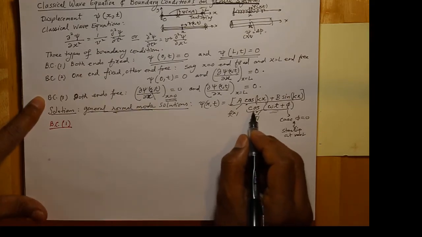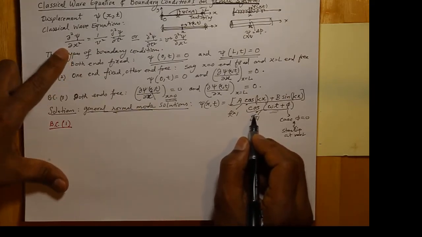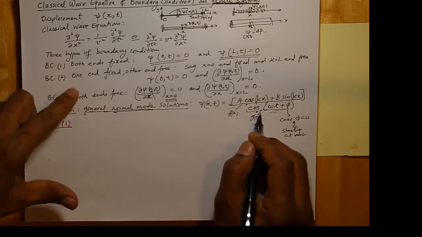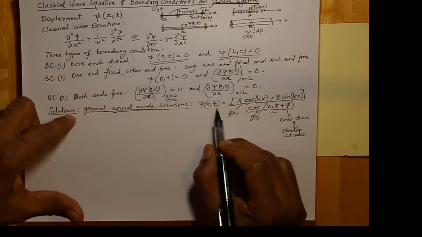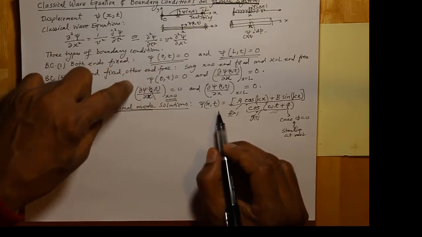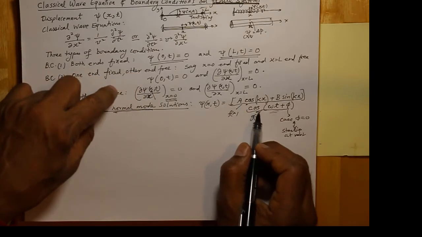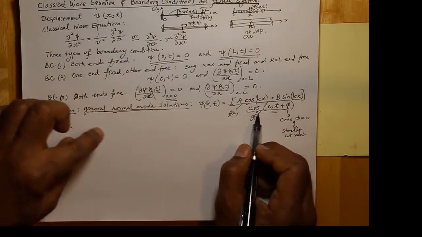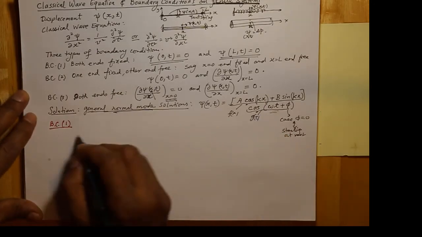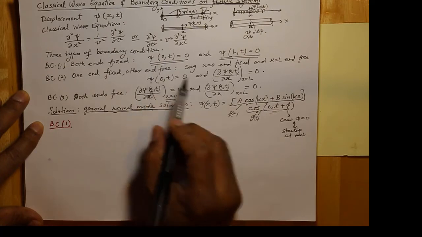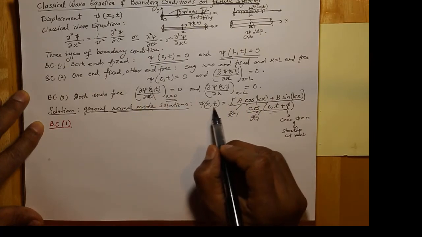When we put it in there, there will be restrictions on omega and k depending on which boundary condition. So boundary condition 1 is when x equal to 0, I want it to be 0.